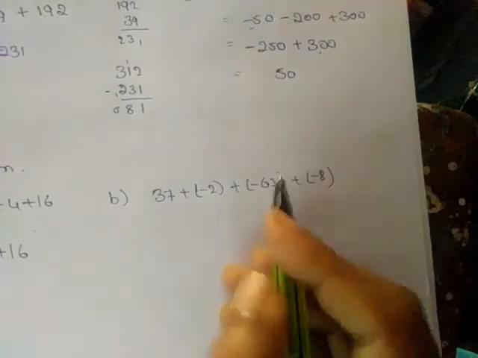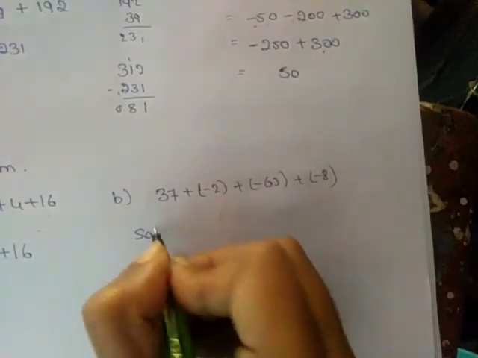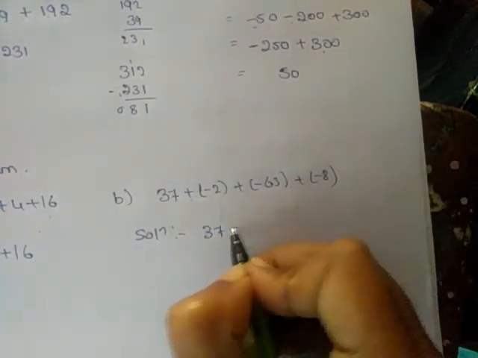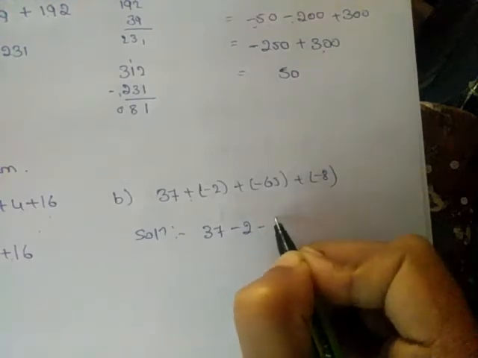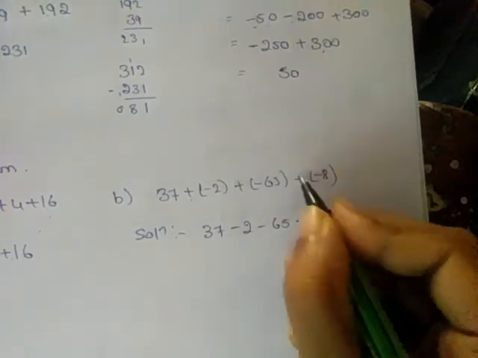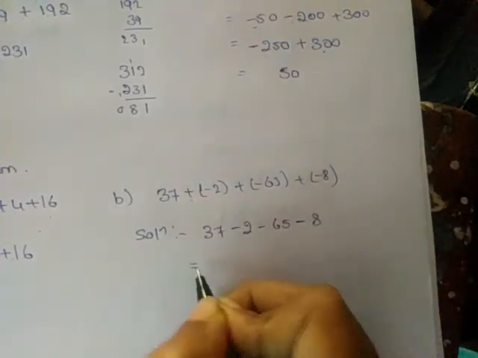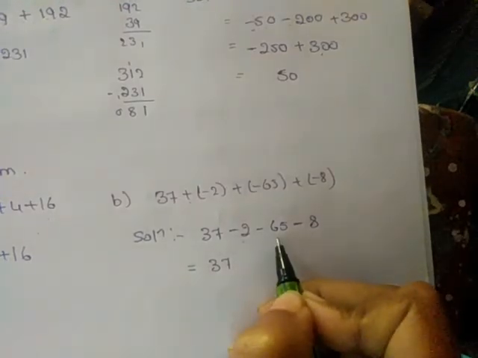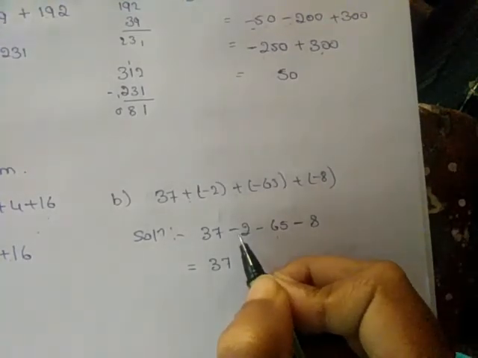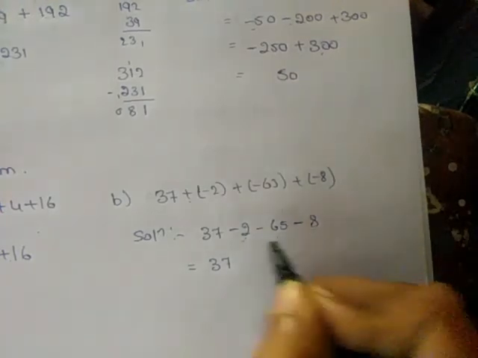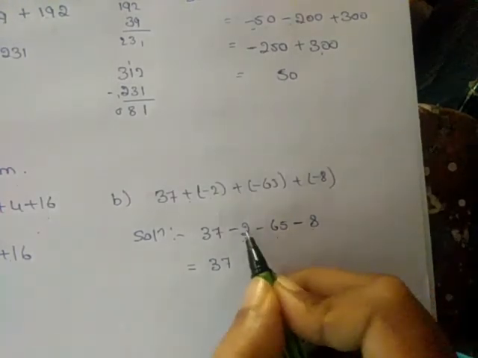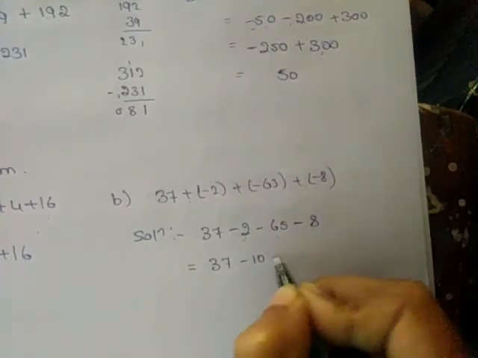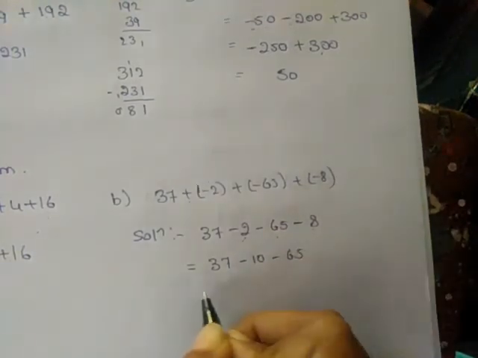Then B1 solution: 37 plus into minus, minus 2, plus into minus, minus 65, plus into minus, minus 8, right? So we'll keep 37 as it is. You can add minus 2 and minus 8 because these two have the same sign. Minus 2 and minus 8, it is minus 10. Then minus 65, we'll keep it as it is.